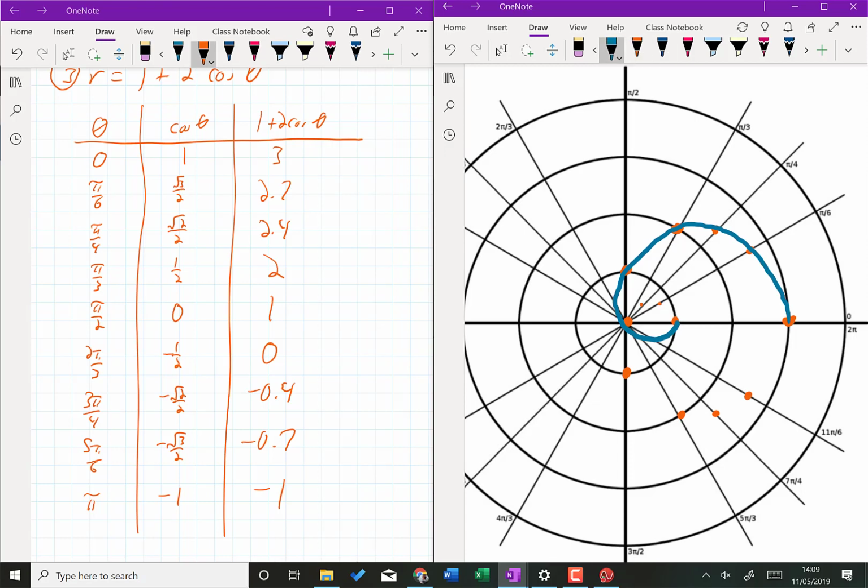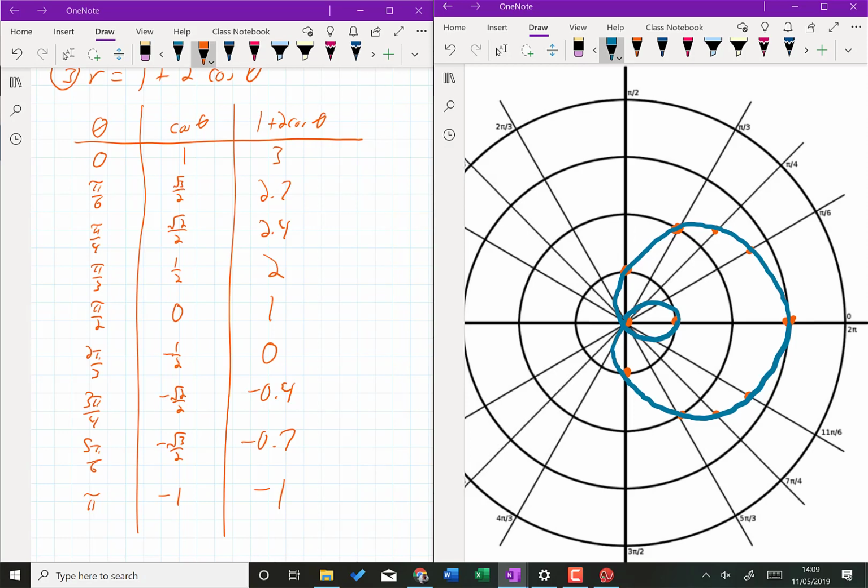I know I just kind of drew over them. And when you sketch it, you're just continuing the shape all the way back out to where you started. Oh, that could have been better. Yeah, I'll leave it. And there you go.